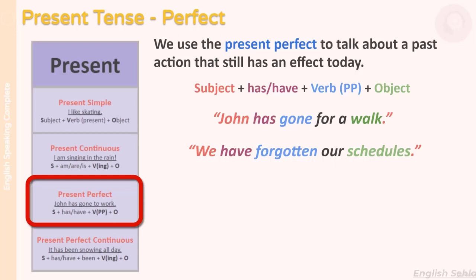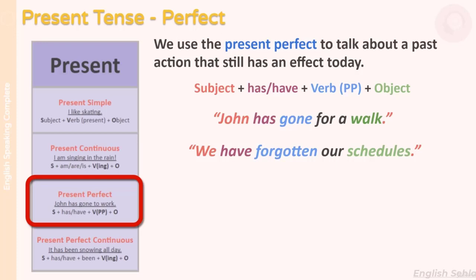V2, forgot. V3, forgotten our schedules. So we forgot the schedules earlier. Therefore, we don't know where to go. The effect is we are lost. We don't know where we need to be. So something that happened in the past that has an effect today.